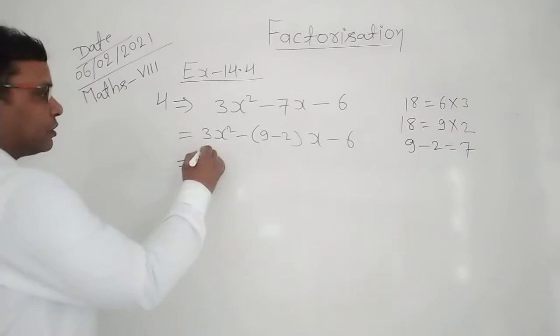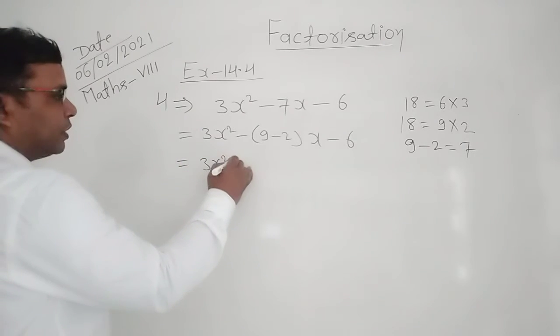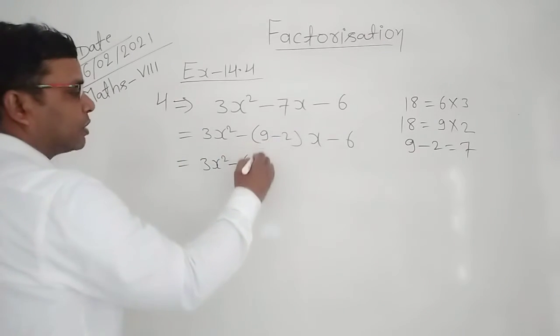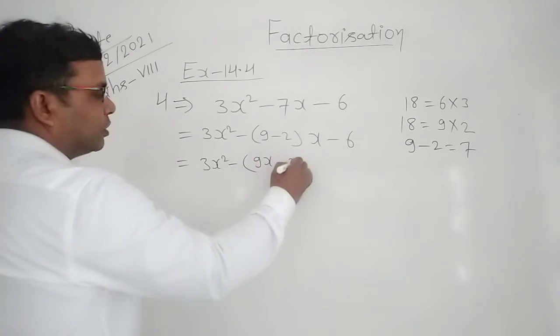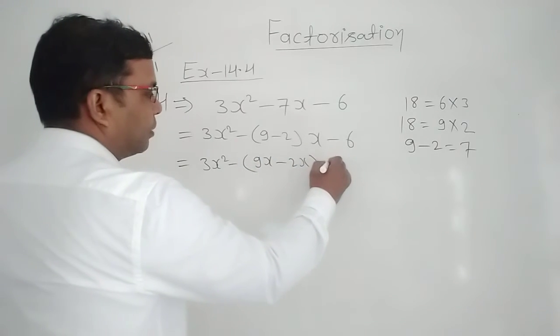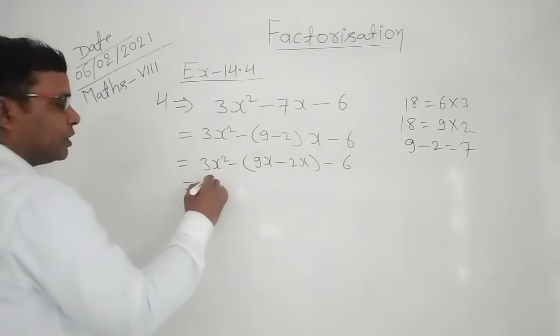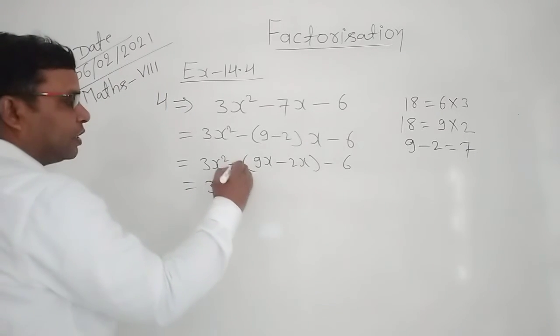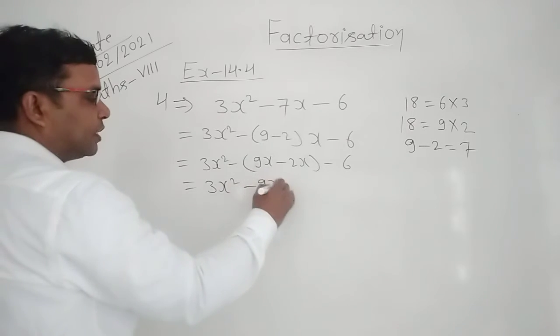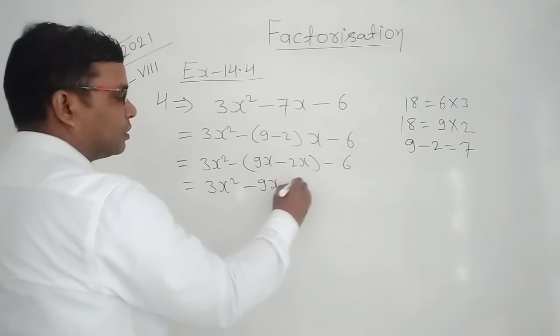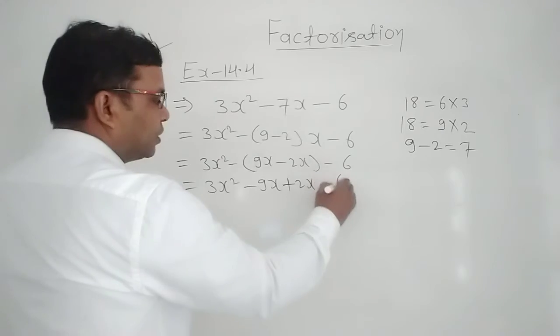So this is equal to 3x square minus 9x plus 2x minus 6. Clear? When you open this bracket, then you get 3x square minus 9x minus minus plus 2x minus 6.